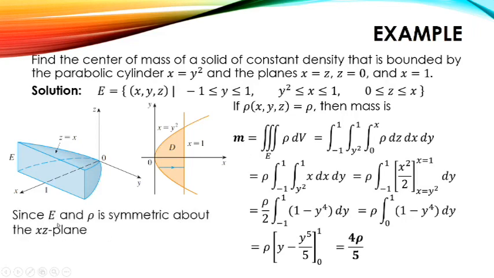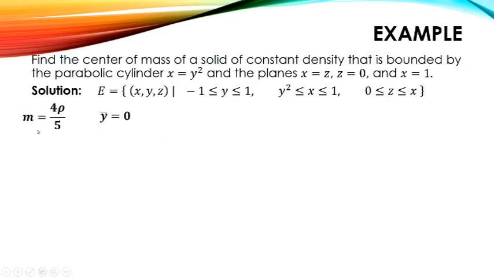Since E and the constant density rho are symmetric about the xz plane, the moment about the xz plane is equal to 0. And therefore, y bar is equal to 0 also. Okay? So given that the mass is 4 rho over 5 and y bar is equal to 0, what we need to get is x bar and z bar.